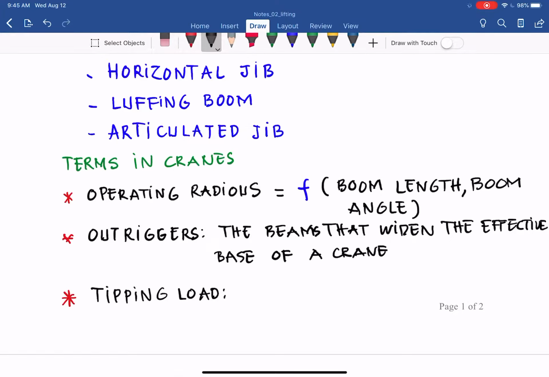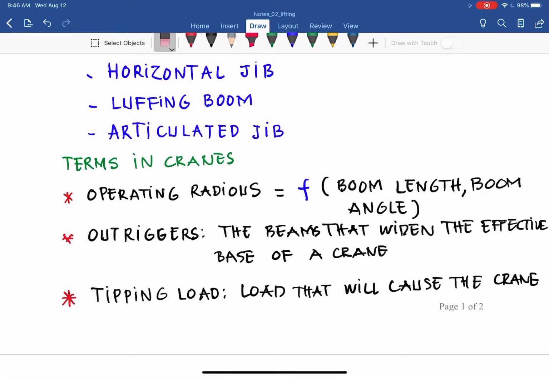Basically it is the load that will cause the crane to actually begin to tip, and that is unsafe, right? So we need to consider that.